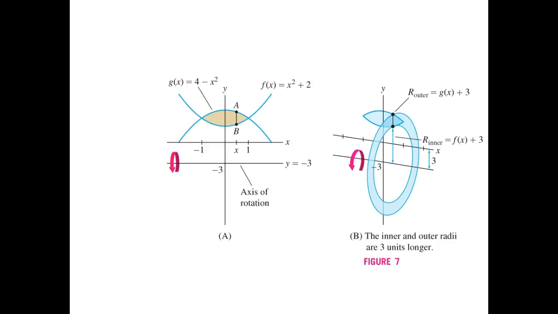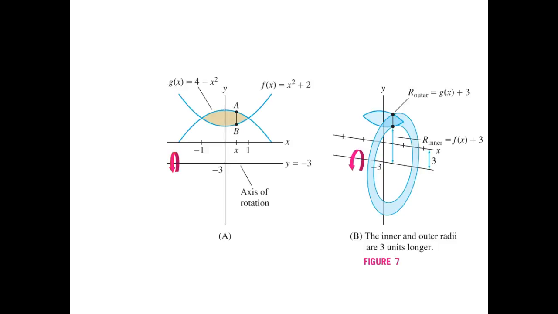Okay. So, what are we going to do? How will we do this? Well, it's two curves, so we're going to do this area times the circumference, right? This area rotated around the circumference of the curve going around y is equal to -3. So, we'll deal with the circumference part later.